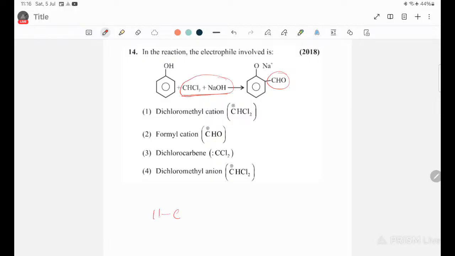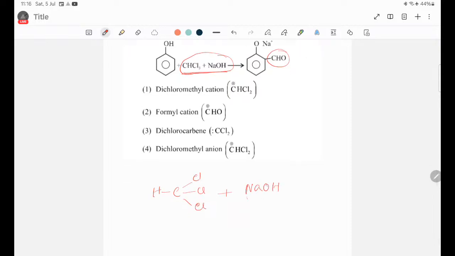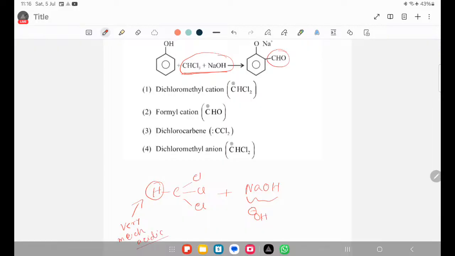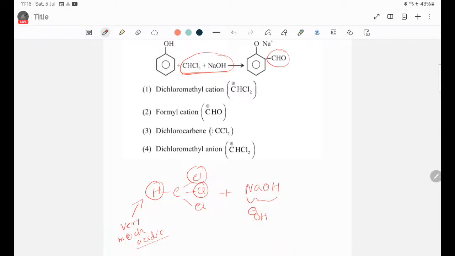Whatever the mechanism, you have to look into that. In the presence of NaOH, you will get this OH minus, right? It is the base, and this hydrogen is very acidic. Why is this hydrogen very acidic? Due to the electronegative chlorine atoms. As 3 electronegative chlorine atoms are attached to this carbon, the total electron density is pulled out by these 3 chlorine atoms, making the hydrogen very acidic in nature.